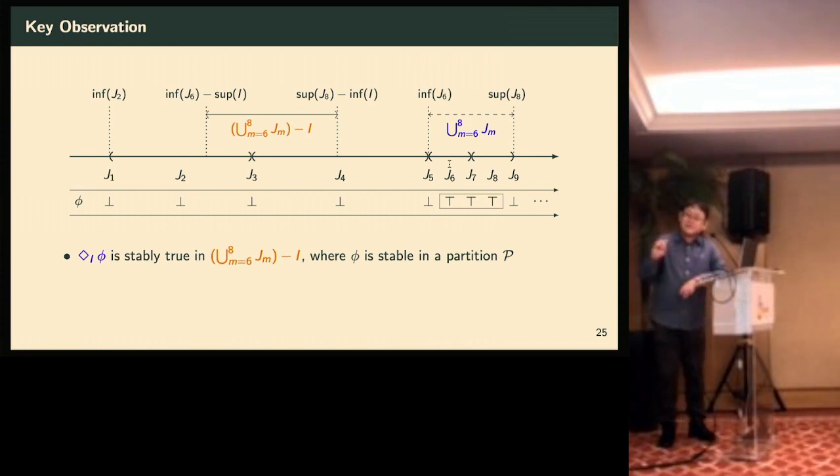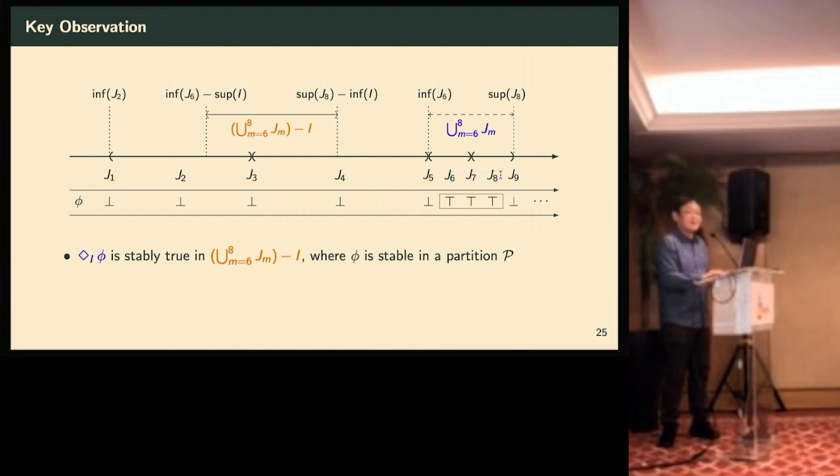This picture is slightly complex, but it is actually simple. Consider the formula eventually phi, and suppose there is a sequence of intervals: point, open interval, point, open interval, and suppose that phi is true at the intervals J6 to J8.